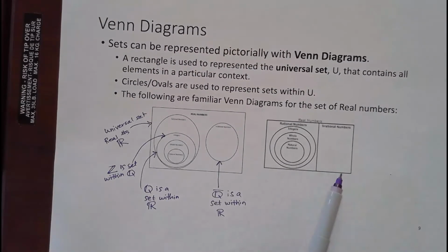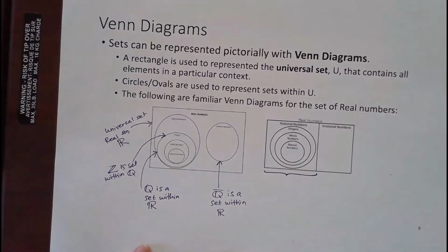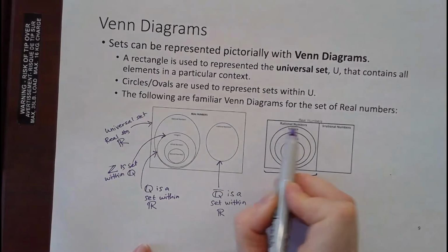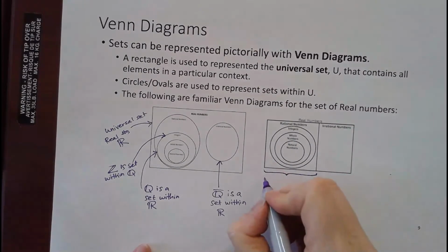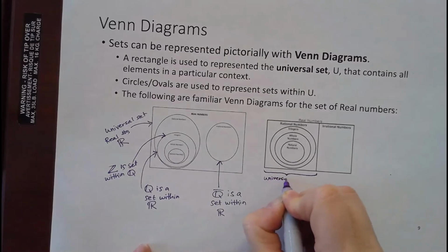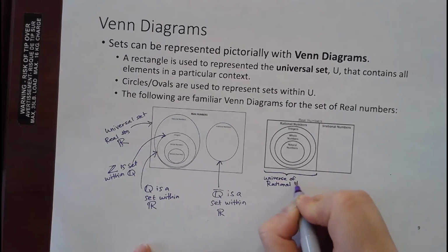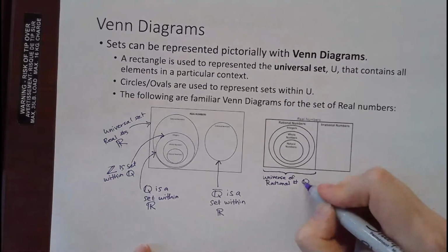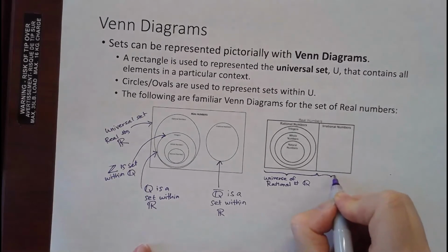Now this one is very similar, but notice that in this one we've got more rectangles and not just ovals like the other. Here, this rectangle is representing what I'll call the rational universe. So this is a universe of rational numbers. That would be Q. And this rectangle over here is another universe.